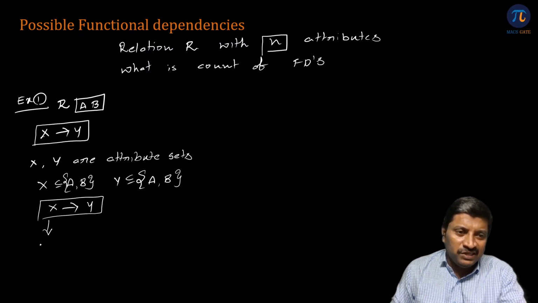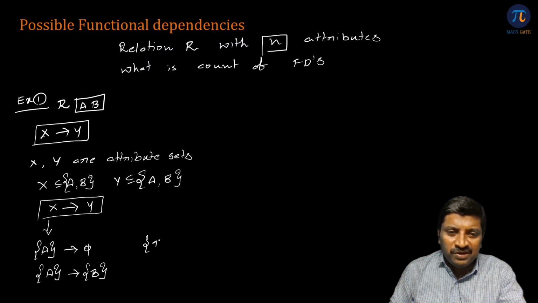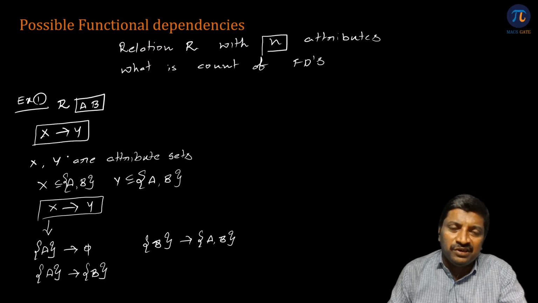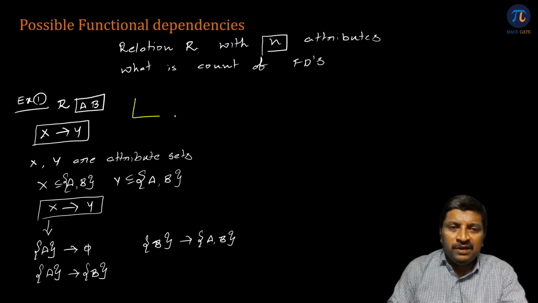On left side X, I can have subset A. On right side I can write empty. On left side I can have A. On right side I can write B. Similarly, on left side I write B. On right side I write AB. Like that we can write. So that means on left side you can write any subset of A, on right side you can write any subset of this one.